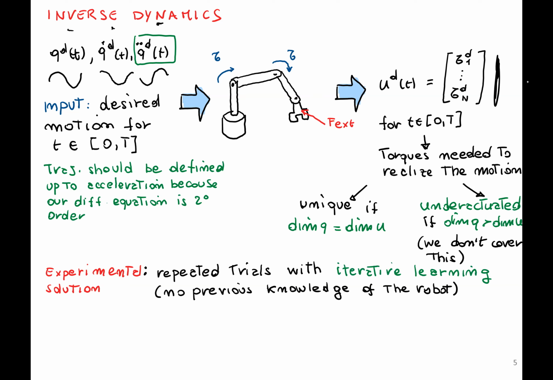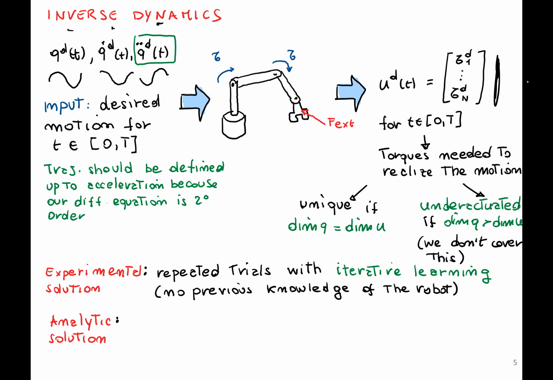We can do inverse dynamics in two ways. We can apply, for example, a set of torques, check what the resulting motion is and see the difference between the resulting motion and the desired motion, and do iterative learning without any prior knowledge of the robot to learn this model. So this is one possible way of doing that.